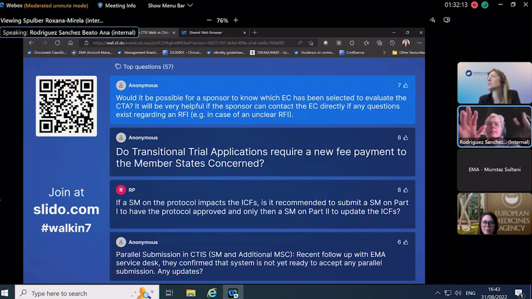I think there is a ticket that was requested by some member states to have the possibility to indicate the ethics committee that is proposed by the sponsor, if I remember well.